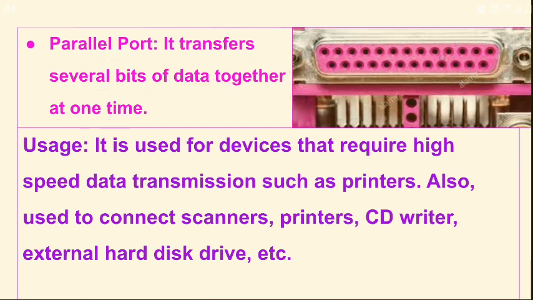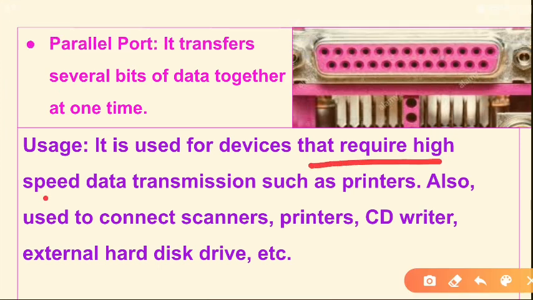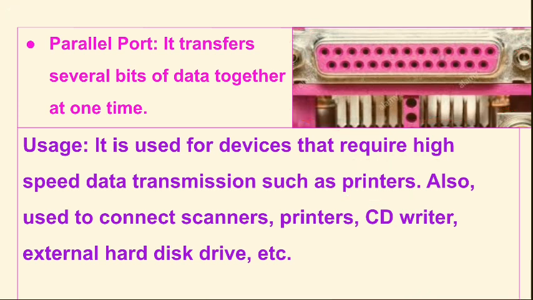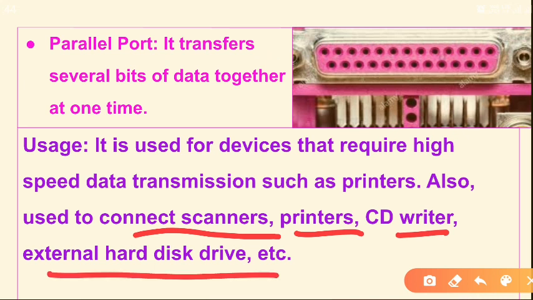It is used for devices that require high speed data transmission, such as printers. So your printer can be connected to a parallel port. It is also used to connect scanners, printers, CD writers and external hard disks. So this is the parallel port.